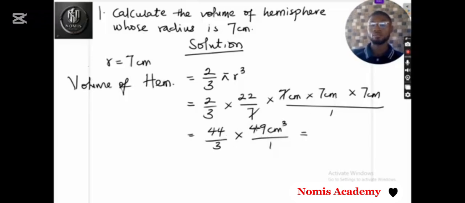So 44 multiplied by 49, so that is 2,156 centimeter cube divided by 3.